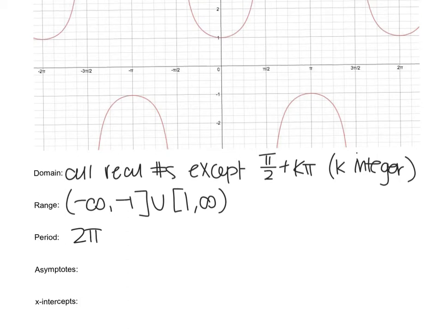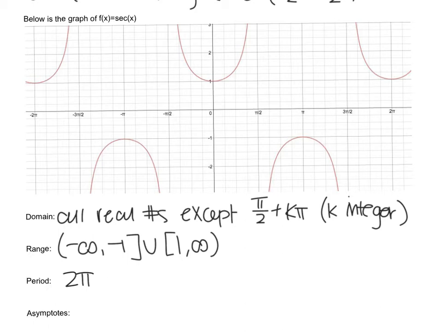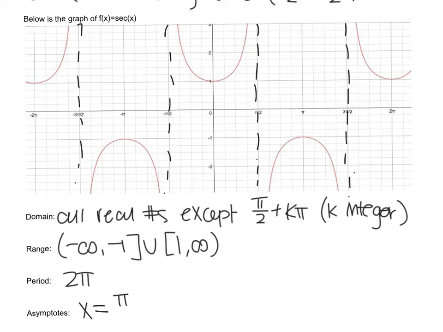Its asymptotes, if we draw them on our graph, appear at every pi away from our pi over 2 values. So we have x equals pi over 2 plus k pi, where again k is an integer.